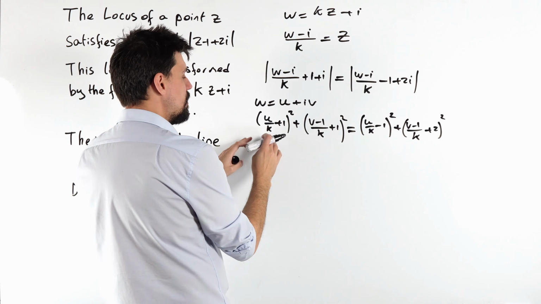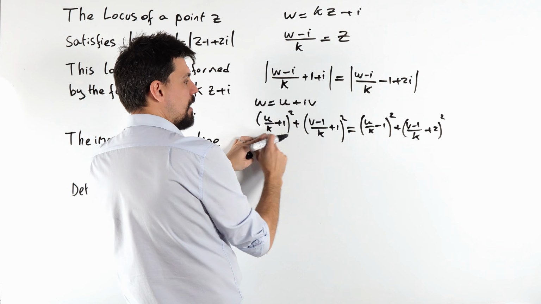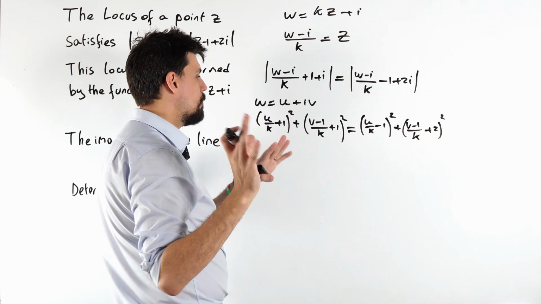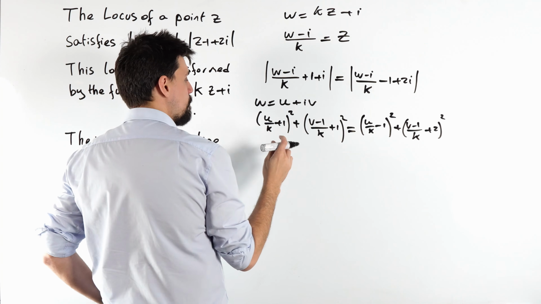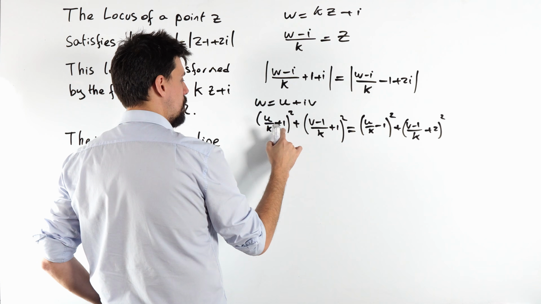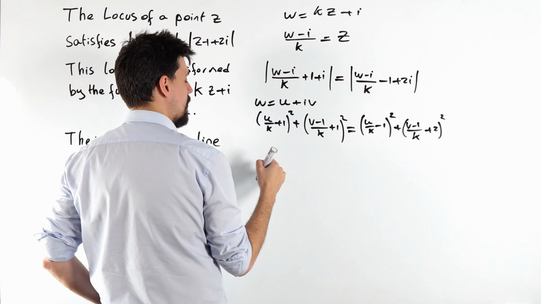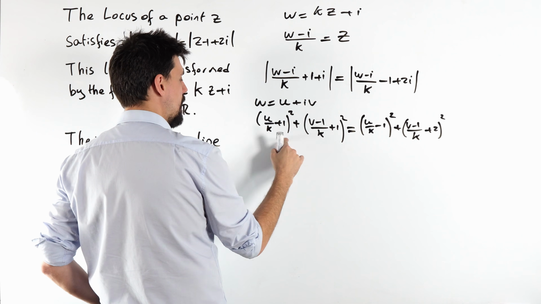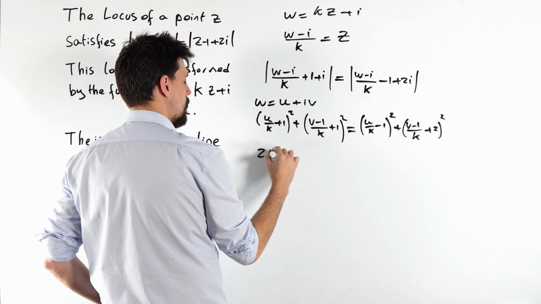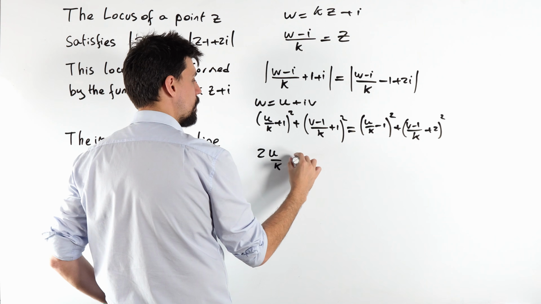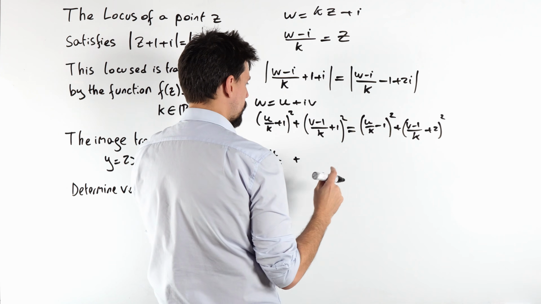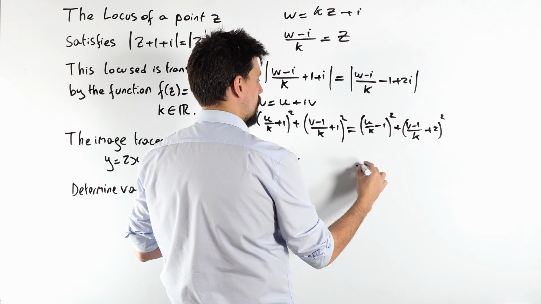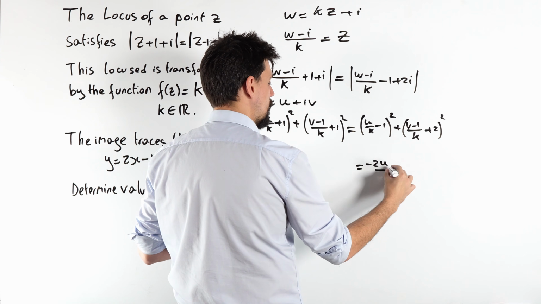One thing we're going to notice, if I expand this, I'll get a u over k squared, I'll get a u over k squared. They will cancel out. We'll get a 1 squared, they'll cancel out, so that's nice. So what am I left with from this one? I'll get a 2u over k, and I'll get a minus 2u over k.